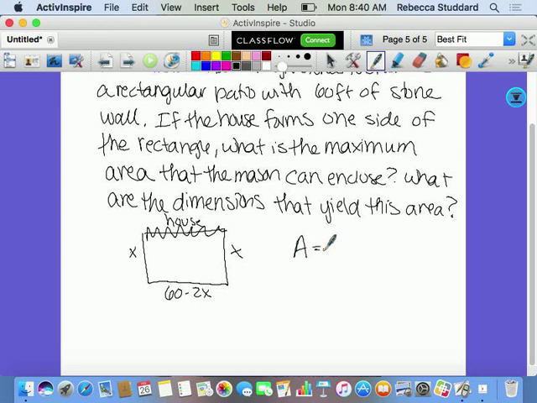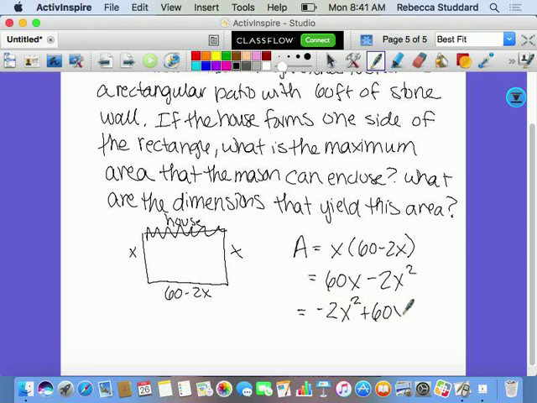How do we find the area of a rectangle? Good. X times 60 minus 2x. And when you simplify that, you get negative 2x squared plus 60x. There's our formula for the area, but that's not what it asked for.